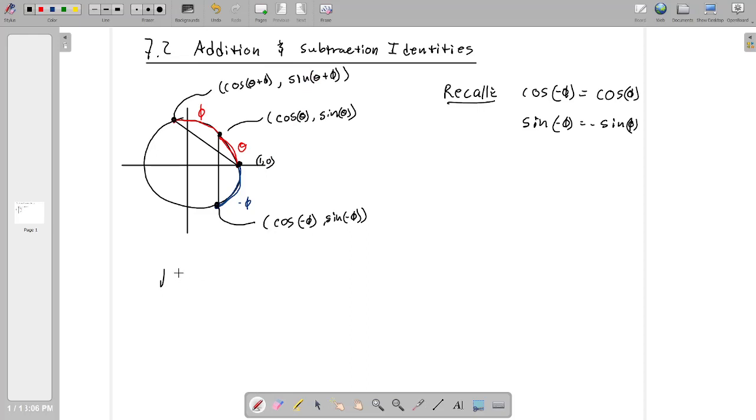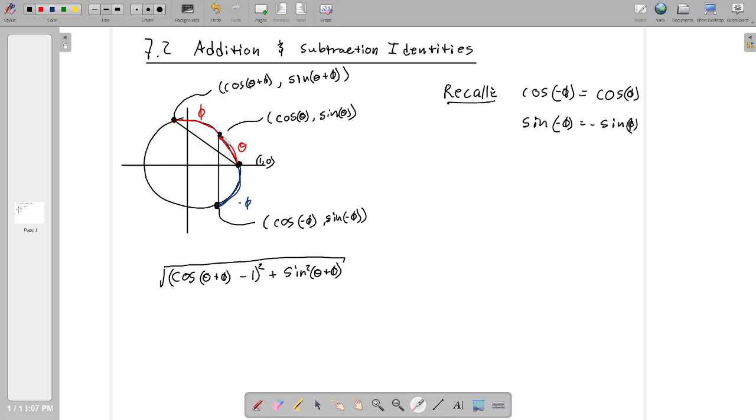So we have cosine of phi plus theta minus our x value here, which is 1, quantity squared, plus sine of theta plus phi minus 0, quantity squared. So we just get sine squared of theta plus phi. And that will be the length of this line.